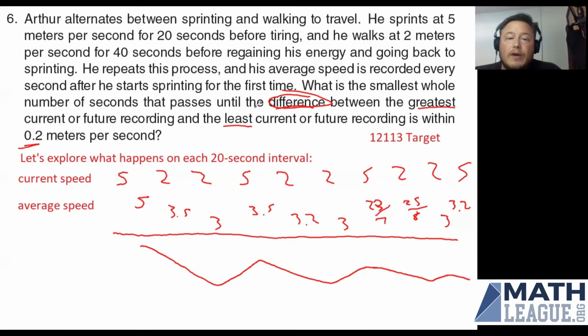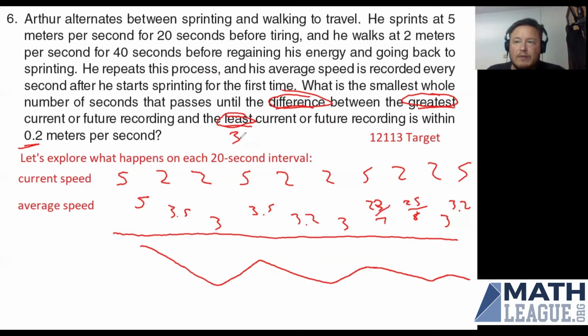I know that the least that we're ever going to have, and we're going to hit this at the end of every minute, is 3 meters per second. If I want the difference to be within 0.2, that means that the greatest current or future recording is going to need to be 0.2 meters per second above this 3.